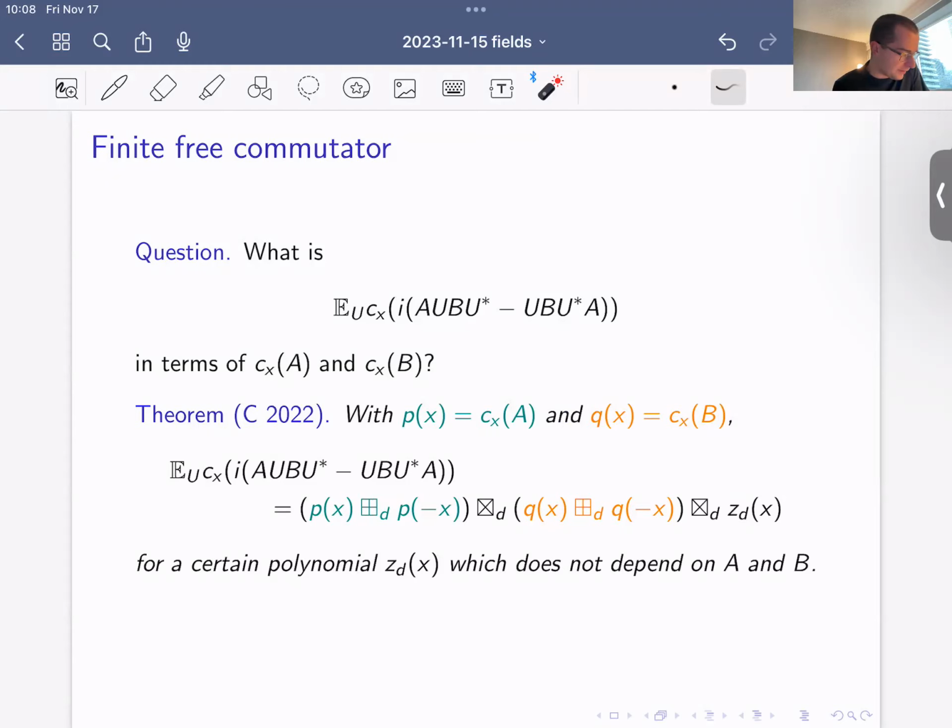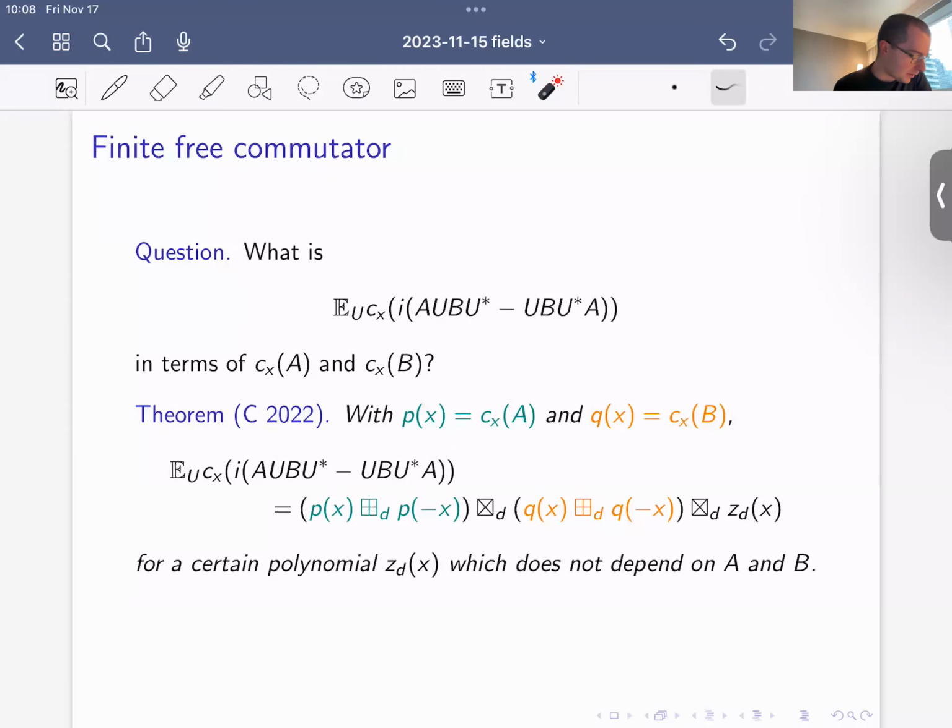So if you have two polynomials, P(x) is the characteristic polynomial of A, and Q is the characteristic polynomial of B, then the result is that the expected characteristic polynomial of the commutator has this form in terms of the individual polynomials.